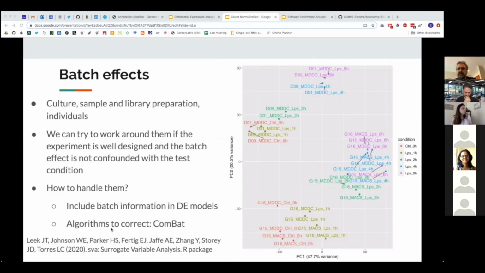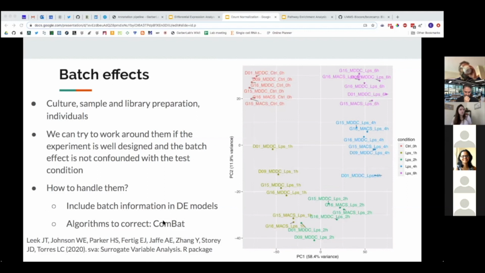And you can also use algorithms to correct it. So the last thing I'm going to show you is after using, for example, Combat, we fixed this entire effect. So now we can see that the samples are clustering largely by the time of the stimulation and not anymore by the donor from which they were generated. So if the effect is not confounded, you can get rid of it and you can overcome it.